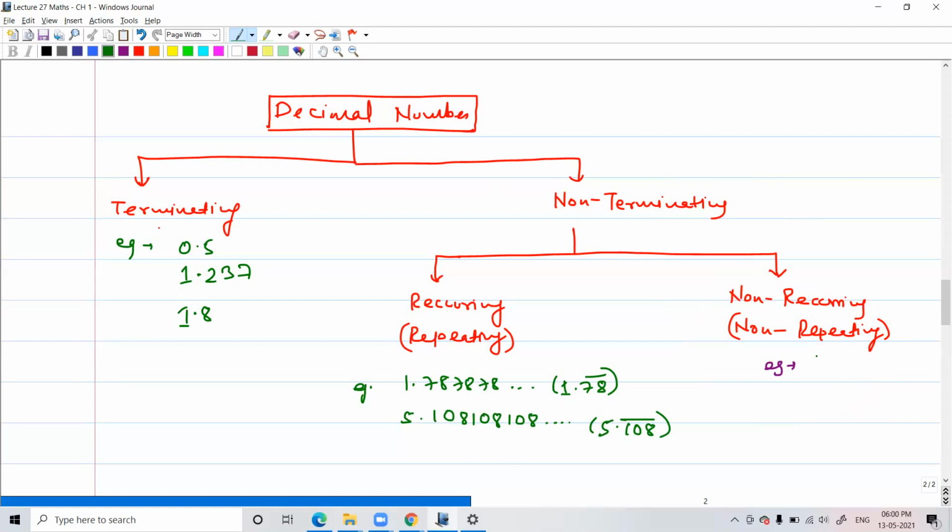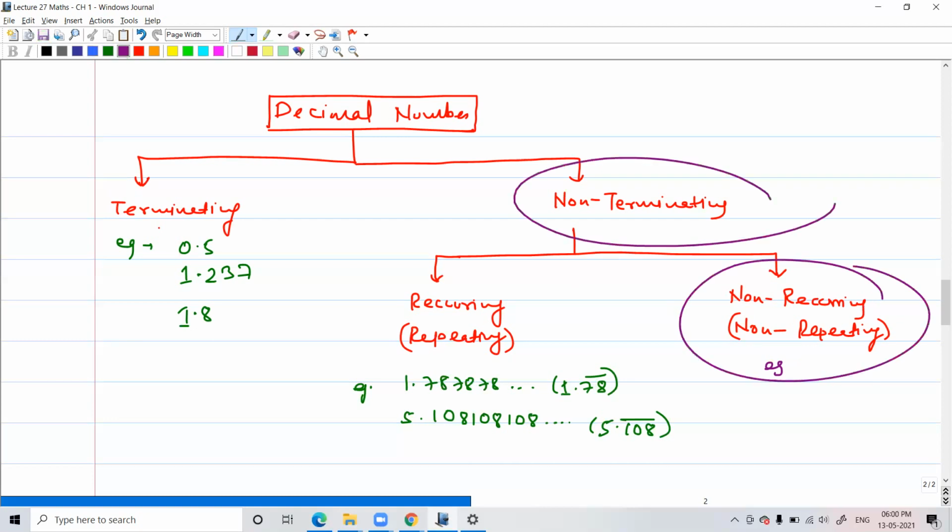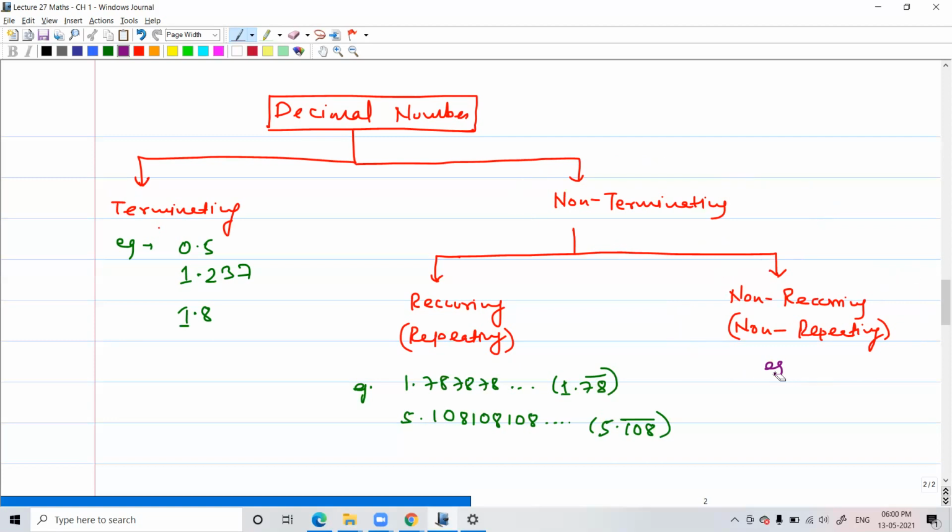So if some of you had studied earlier, you should remember that we learned how to write non-recurring, non-terminating numbers. We can give a pattern to it, but it will not be repeating. For example, I can say 0.01001000 1 and then dot, dot, dot.